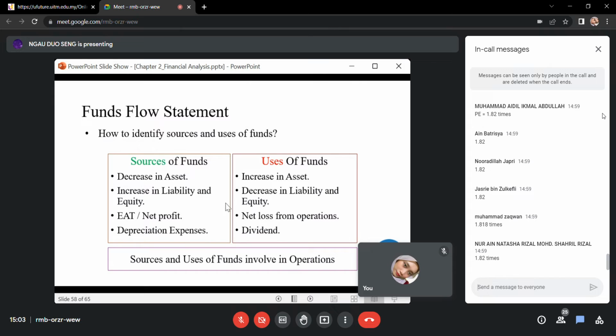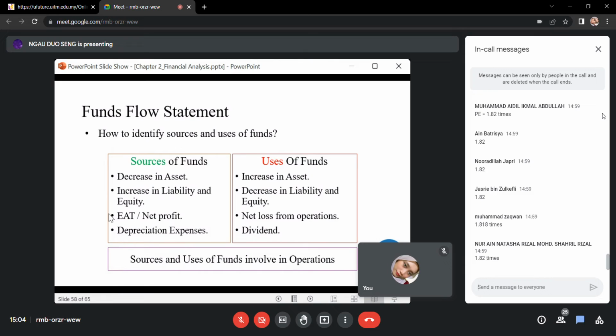So it is a source of fund. Increase in liability and equity. Increase in liability, for example debt increases when you borrow from the bank. You borrow, liability increases, but you get cash. You get funds. So this one is a source of fund. Same with equity, you sell more shares. You are selling more shares, what you get in return is cash or fund.